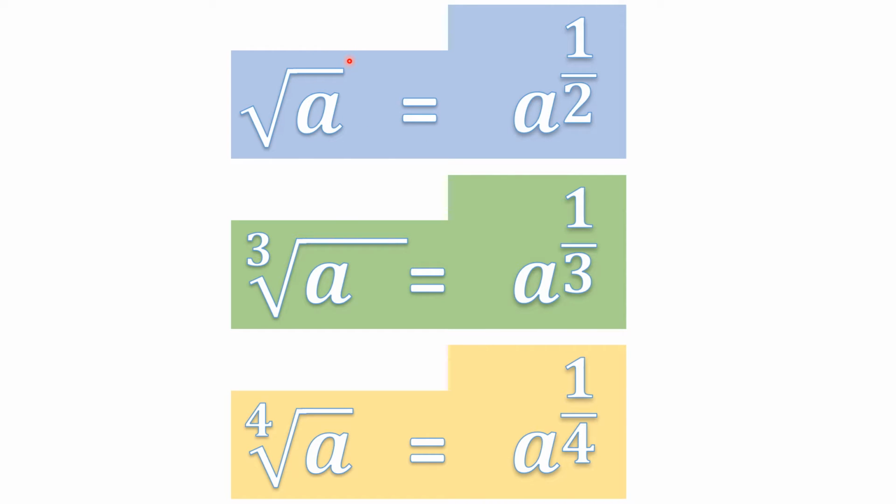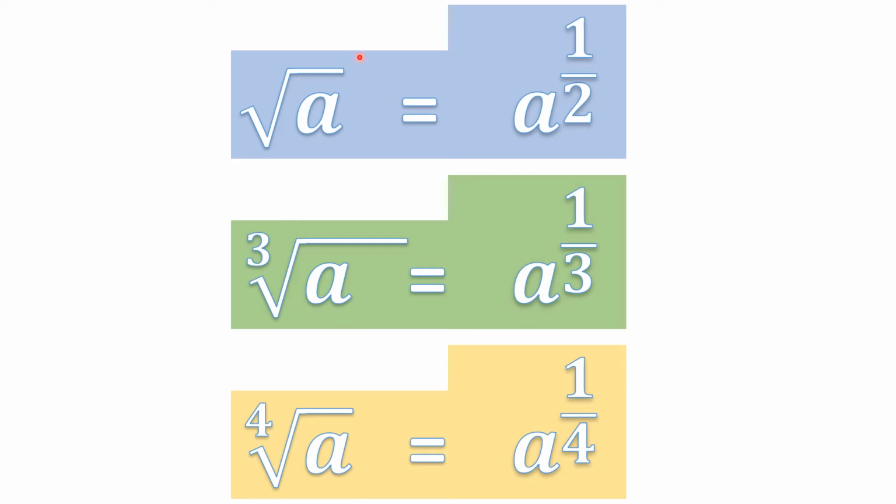So a raised to 1 by 2 means it is inside the second root, a raised to 1 by 3 means it's inside the third root, and a raised to 1 by 4 means it's inside the fourth root. So a is inside a root means a raised to 1 by 2. A is inside a cube root means a raised to 1 by 3. A is inside a fourth root means a raised to 1 by 4.